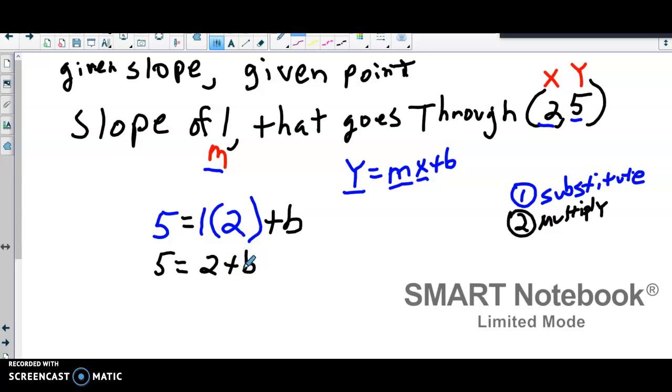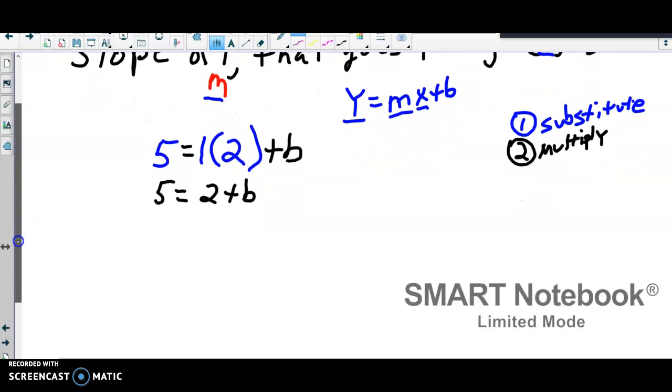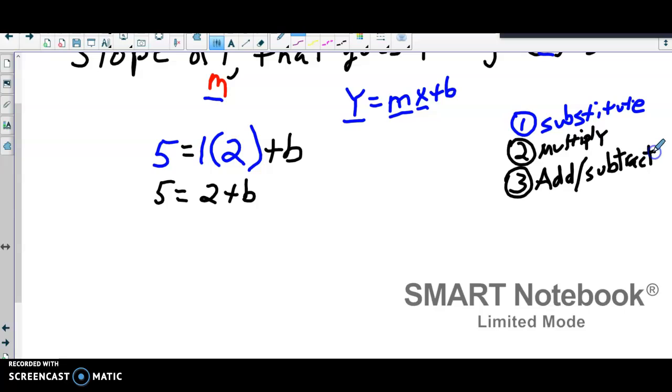Now, my third step is going to be add or subtract. And we always do the opposite. So I'm going to subtract the 2 because I'm trying to isolate the b.